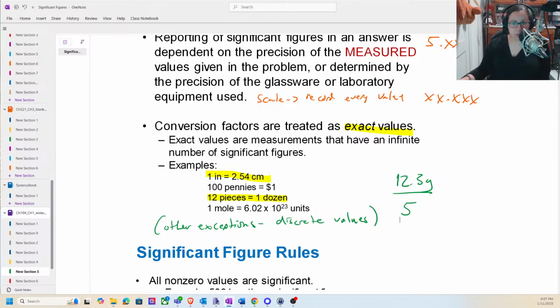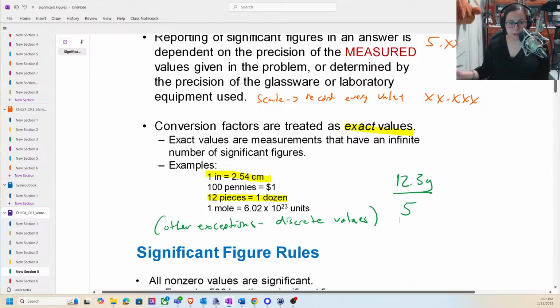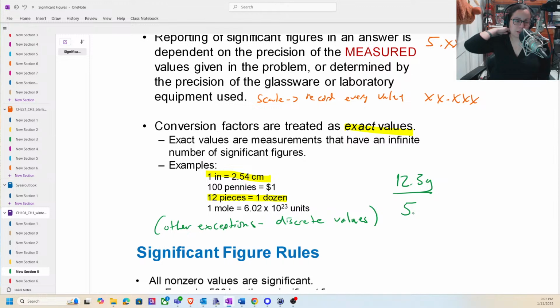Now, I admit this problem is ambiguous because it doesn't really tell you what this 5 is. But I would assume that let's treat it like some sort of mass average. And so we would not include the 5 as part of our sig figs. We would rather say that we have 3 sig figs from presumably a scale.